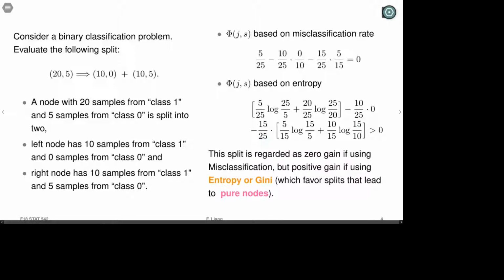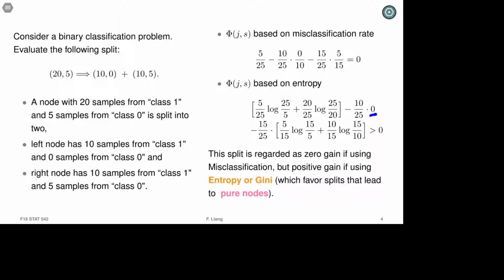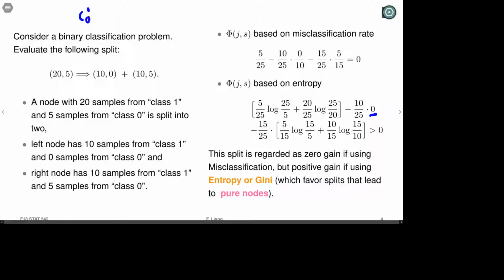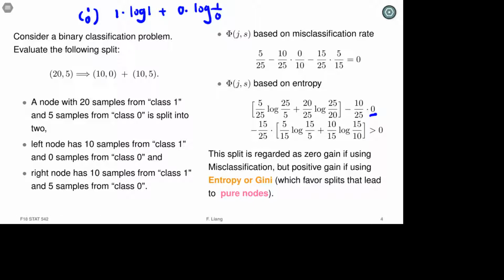Now for the left node, because it is a pure node, you can find out the entropy is 0. Why is the entropy 0? We have to calculate the entropy for a probability vector (1, 0). So you're going to do 1 times log 1 plus 0 times log 1 over 0, right? 1 over 1 is just 1, and the first term is 0, since 1 times log 1 is 0.